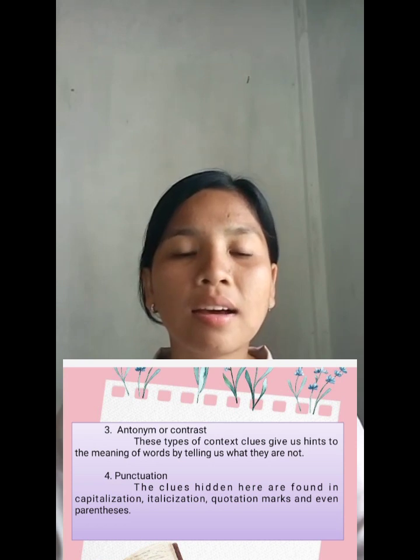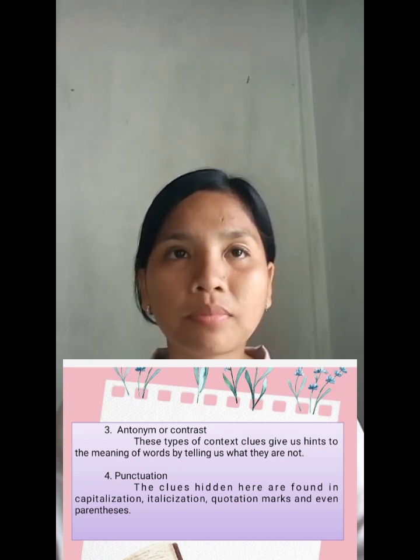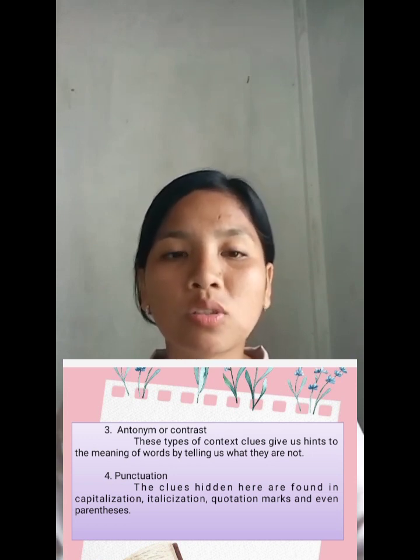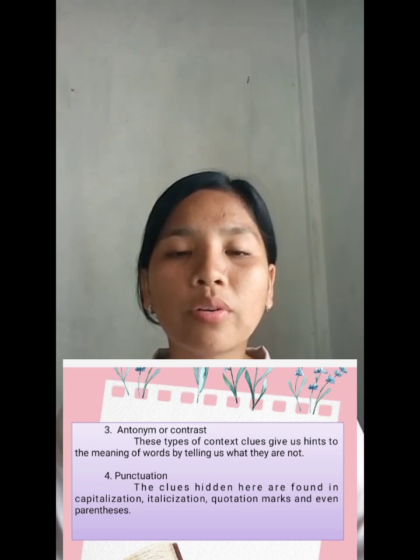Another example, if there is a comma in the statement, the word before the comma may give us clues about the statement. So that's all our explanation about the types of context clues, especially number 3 and number 4, and thank you.